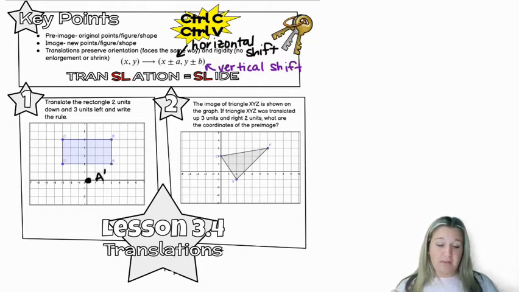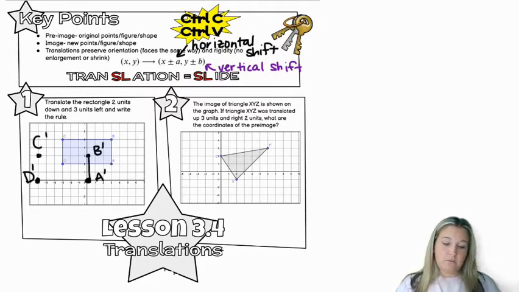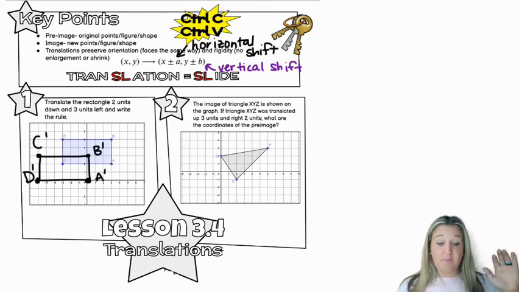So A prime is basically at the origin. You can see here we just moved our rectangle over and down. This is our image, and if we had two shapes on there, we could tell which one was our image based on the tick marks at the top.